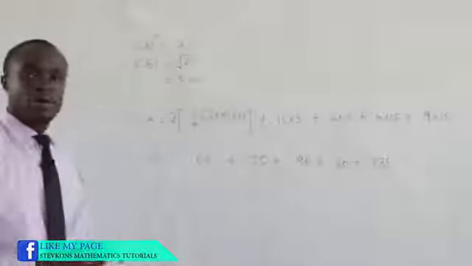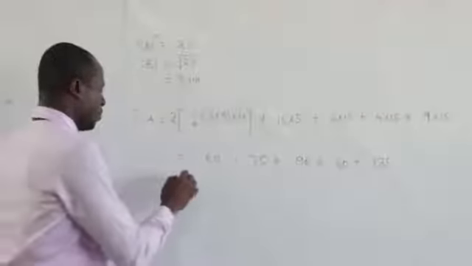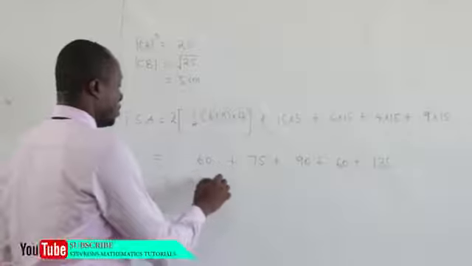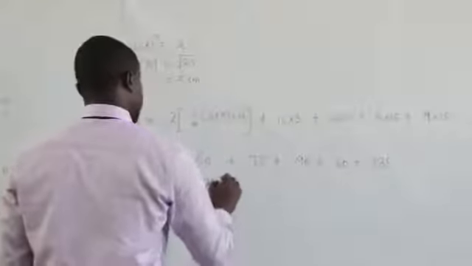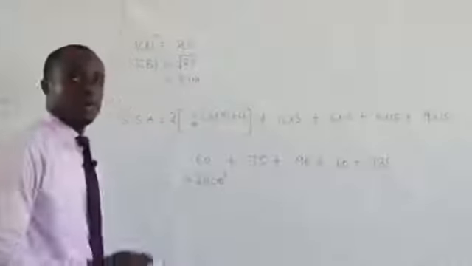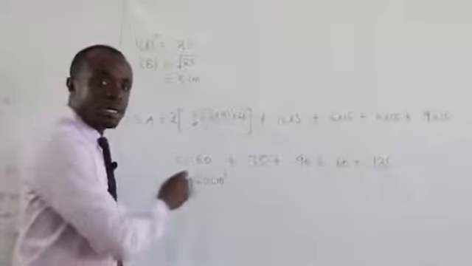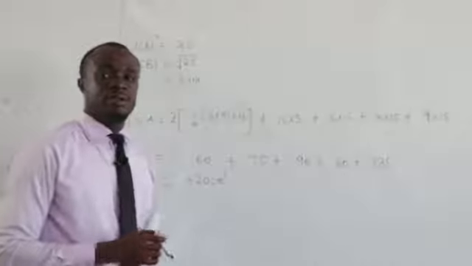Now, when you add all this, the answer will be 420. It is area, and the unit is centimeters, so this is centimeters square. You are allowed to use the calculator, so you can use the calculator to add all.